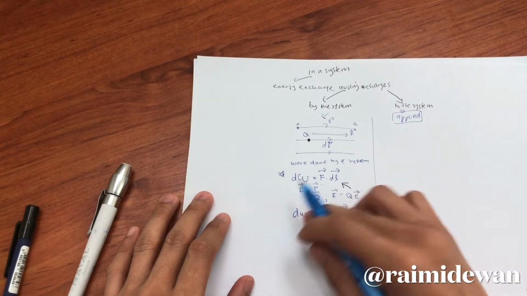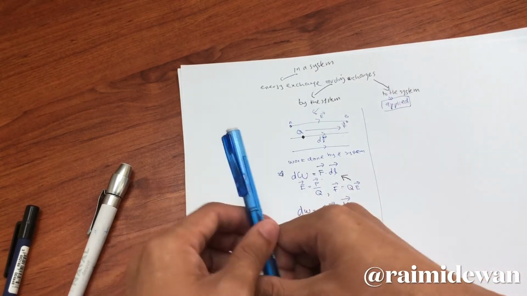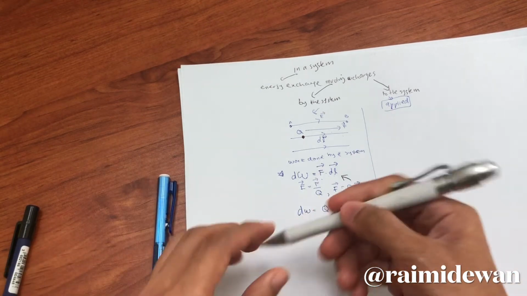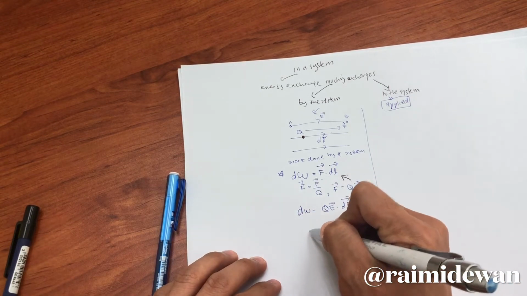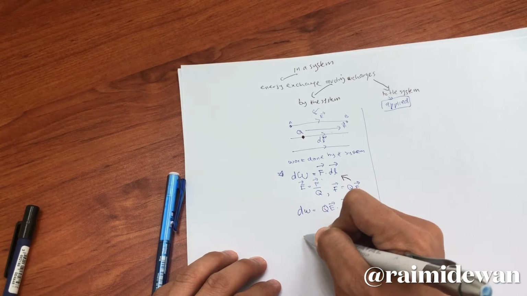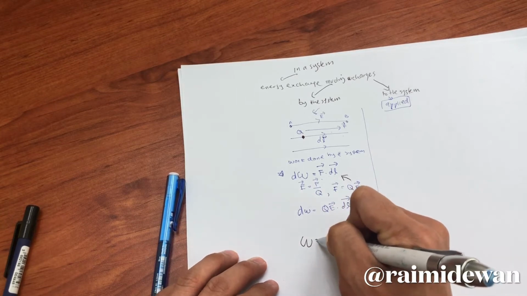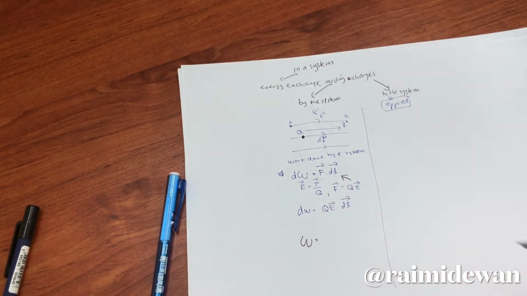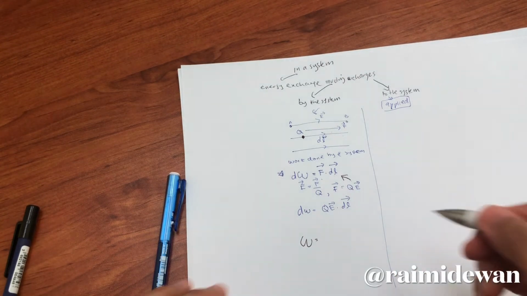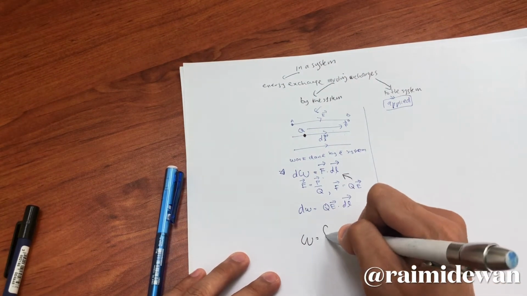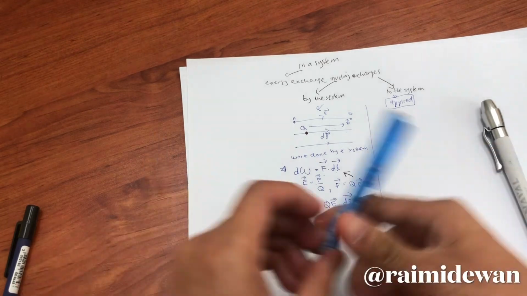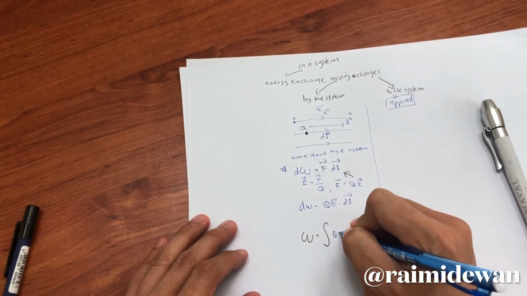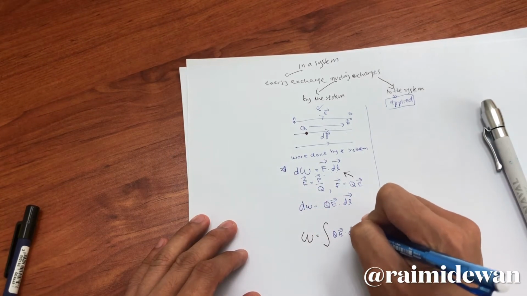What if you want the total work done? We have to have an integration. So we integrate dW, we will get W, equals the integration of QE dot dl.